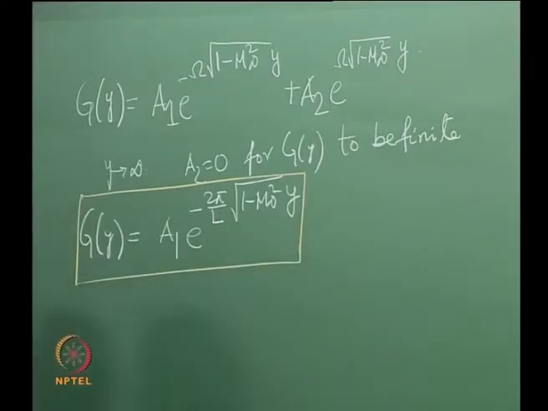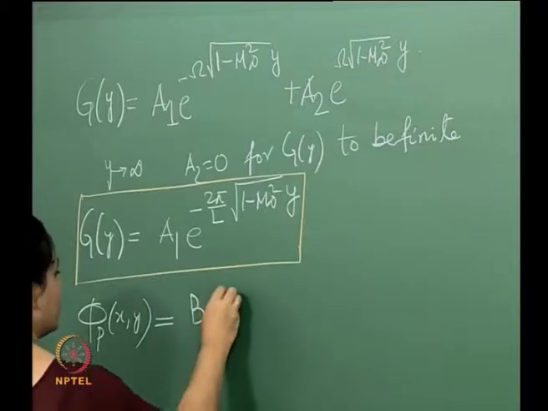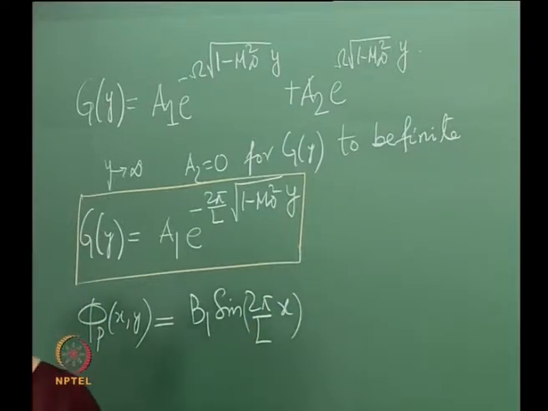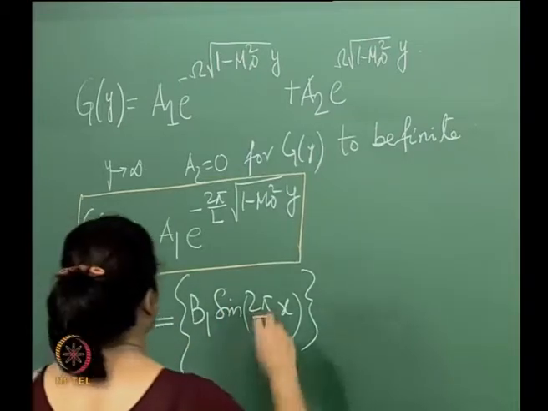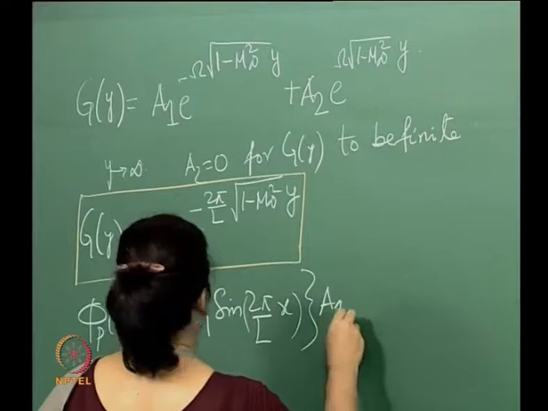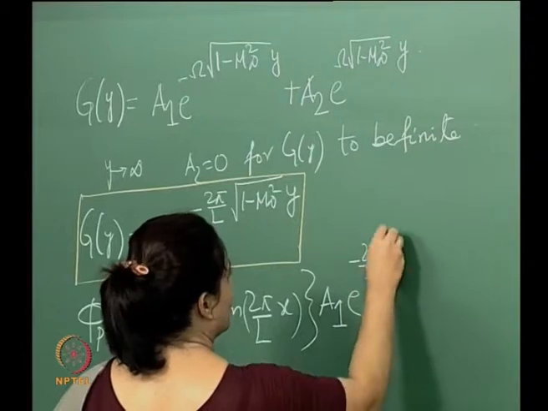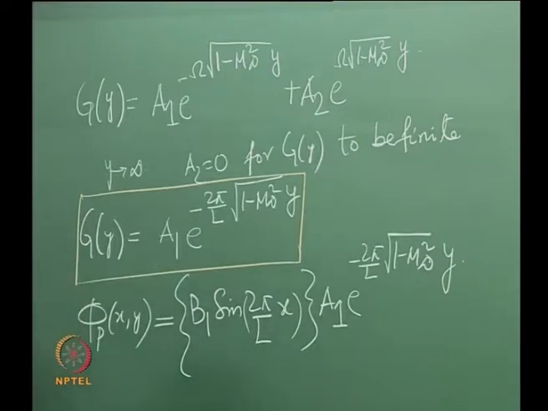So let us now write which we get as this is my fx, and gy, which is A1 e to the power of something into y, right?